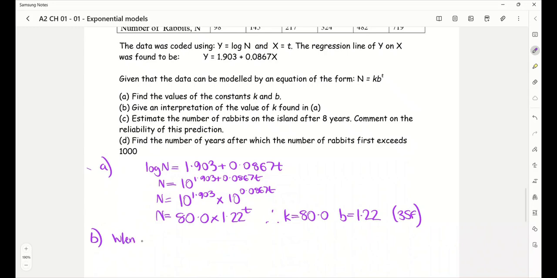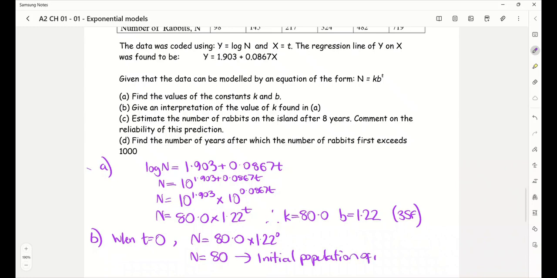When t equals 0, n is going to be 80 times 1.22 to the power of 0, which of course will just be 80. So that means 80 would be the initial population of rabbits.